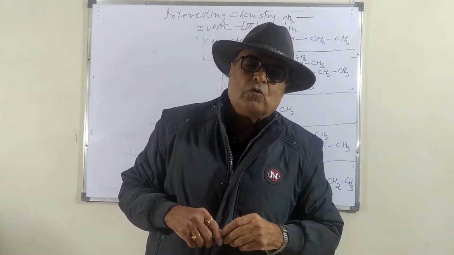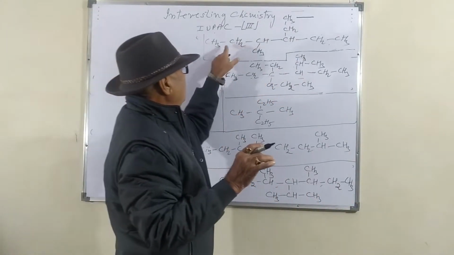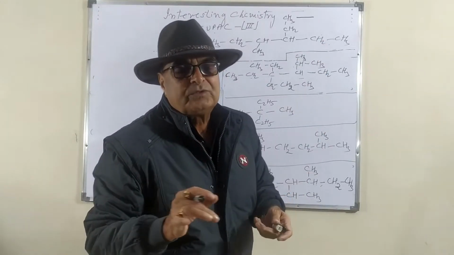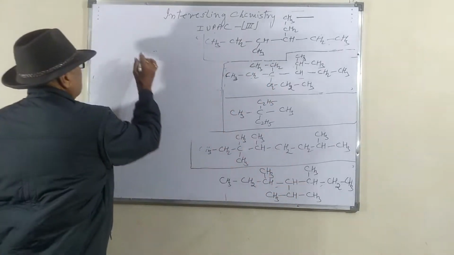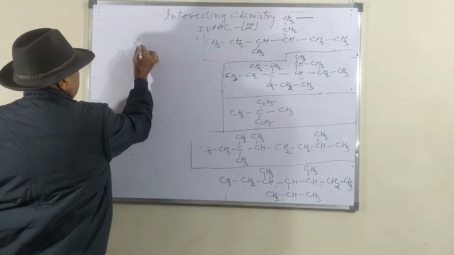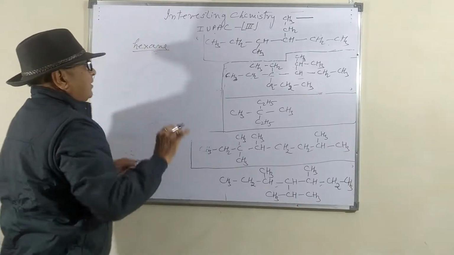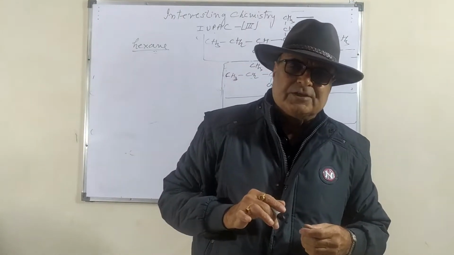The value will be hex, and all the carbons are bonded with single bonds, so the root name of the compound will be hexane. So the parent compound of this structure is hexane.